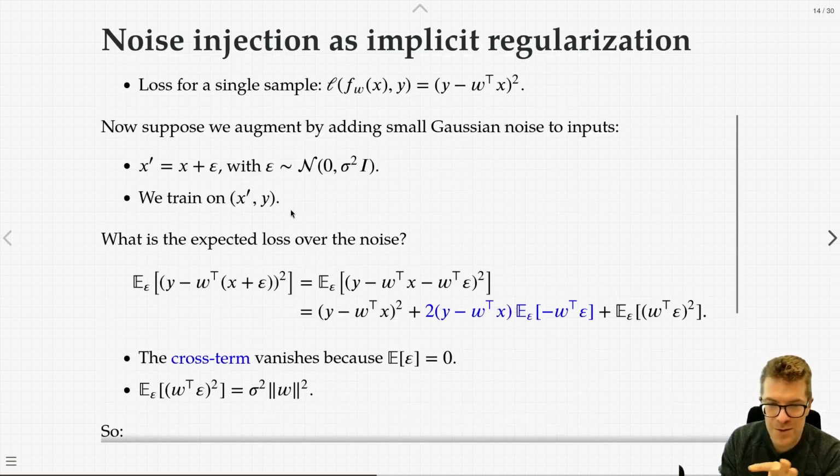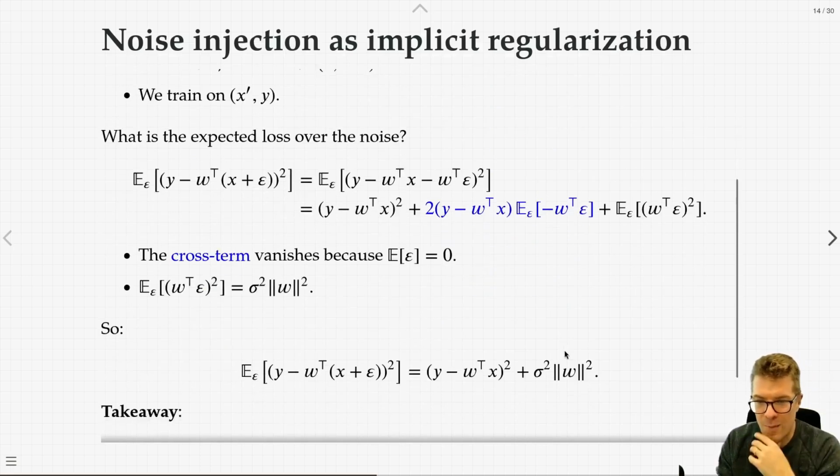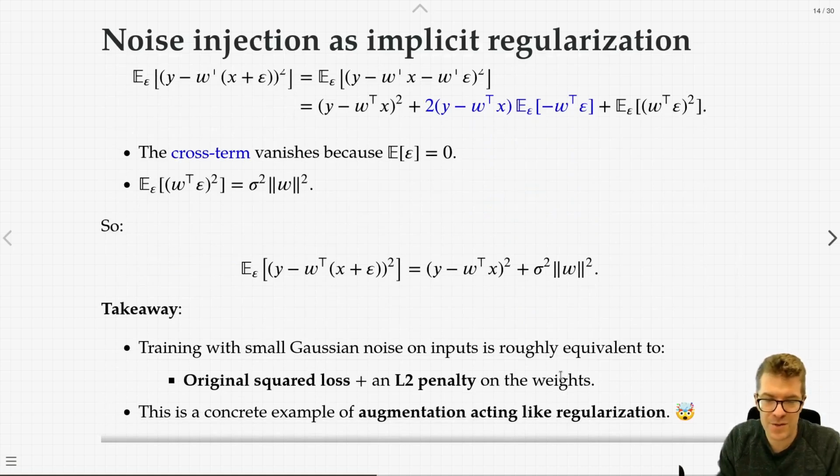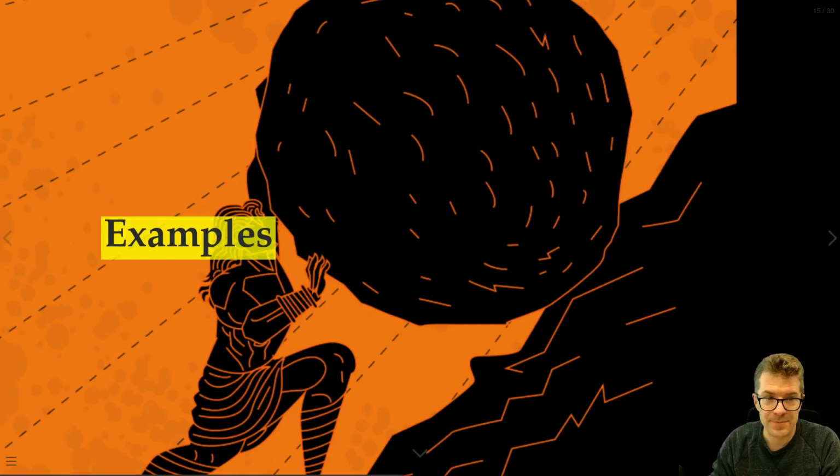Just adding noise to the data points, if you work out the math, gives us an L2 regularized loss. And regularization is there to help with overfitting and with other problems of machine learning. So we get a lot of benefit from just applying a little bit of noise and augmenting the data in that way.